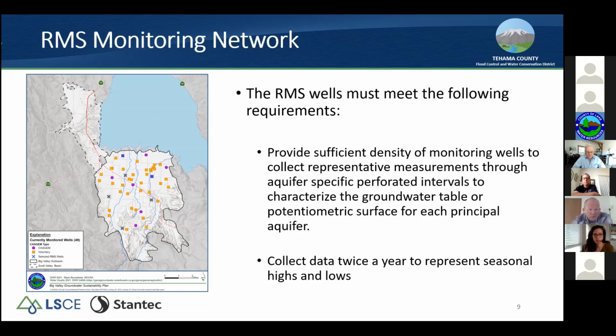Yeah, and so typically what we like to see is at least a 10-year historical record on our water levels. Because when we start talking about MOs and MTs, we want to make sure we're including the dry periods and wet periods.